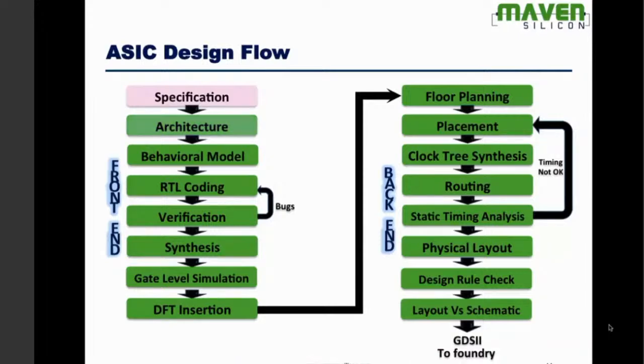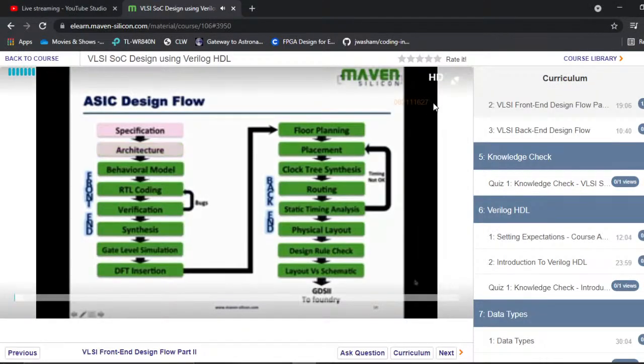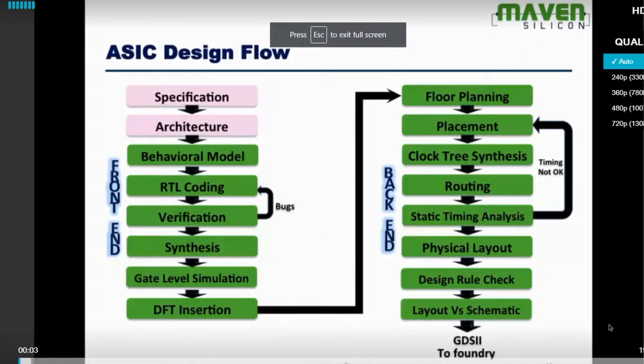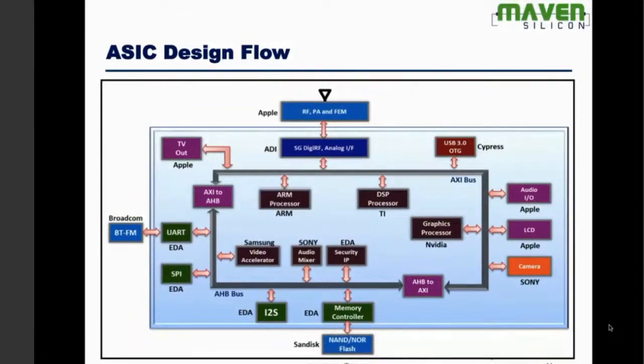Now, you understood the functionality. It's time for you to create the architecture. Usually, experienced architects create the architecture. If you recollect, this is what we discussed during mobile SoC architecture.